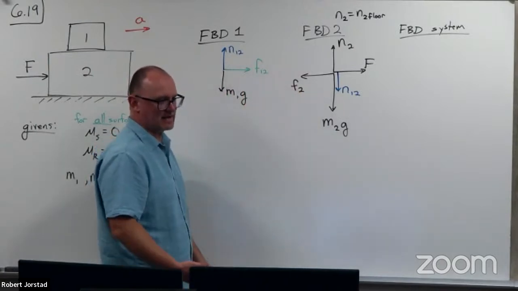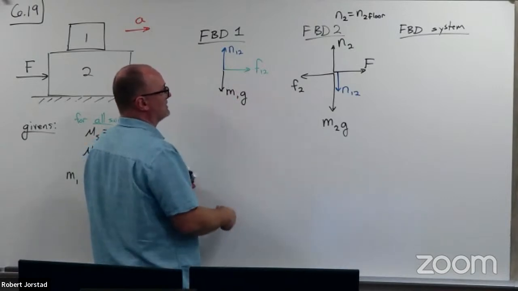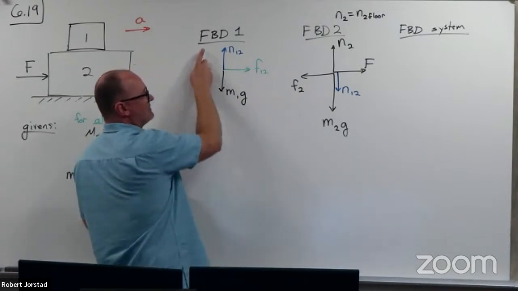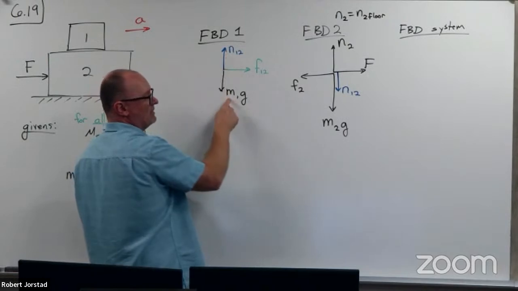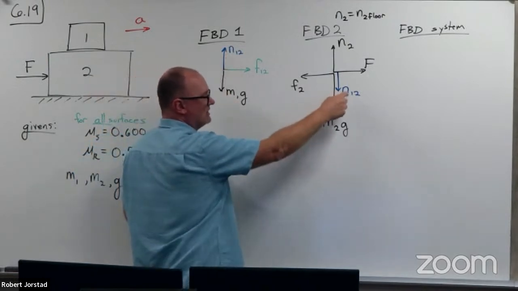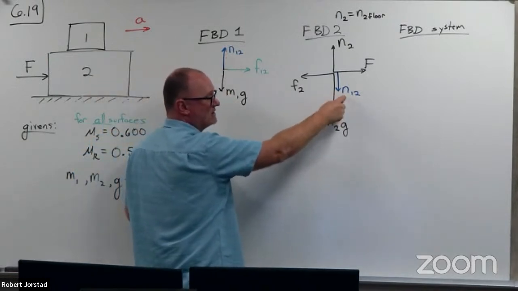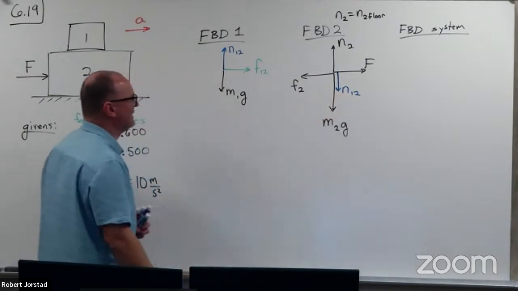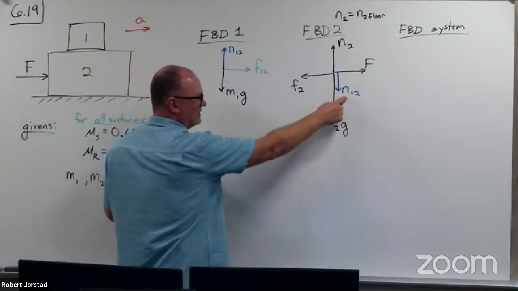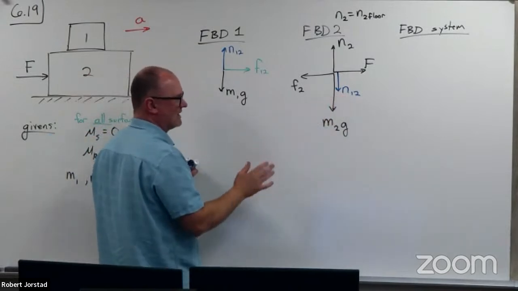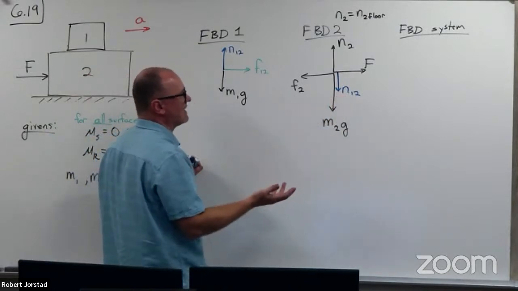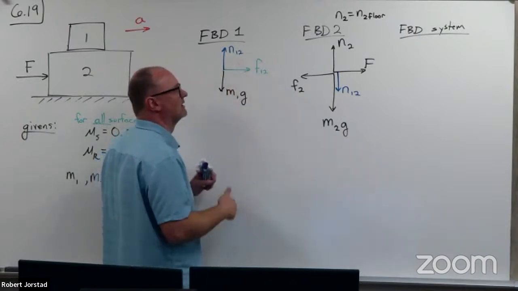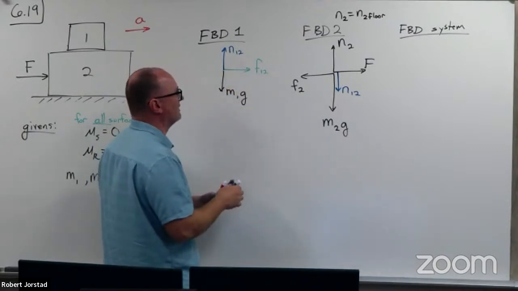If you care, the example would be, what if you're in an elevator accelerating upwards? If for some reason that was the case, N does not equal mg, which means M2G would not be the downwards force, it's N12, which would relate to mg and the acceleration. Enough said. Do not write M1G downwards here unless the acceleration is 0. In this one case, that happens to be true in the y direction. You could have done that, just don't.